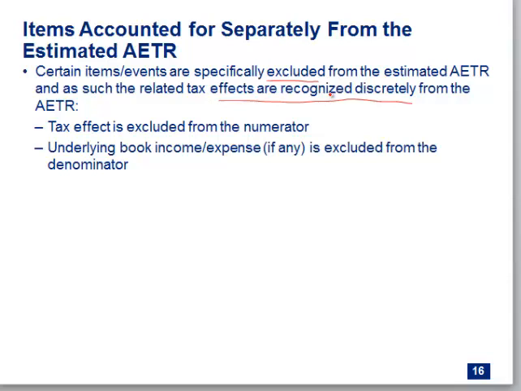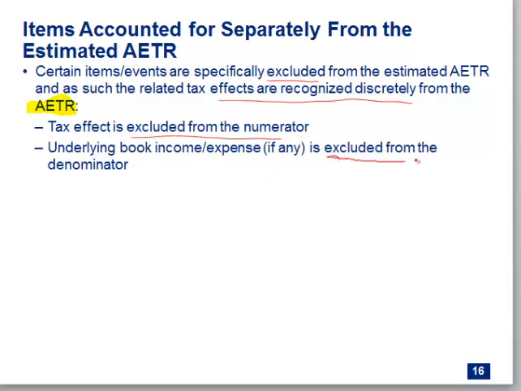I'm going to calculate it, and I'm going to book it all in Q3, because this one-time event is very much one time. Okay? And when you pull that out for purposes of doing your AETR, you take that tax effect out of the numerator, meaning you don't forecast the tax expense related to that item.